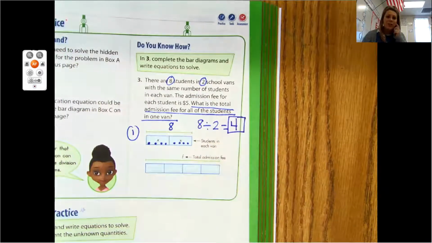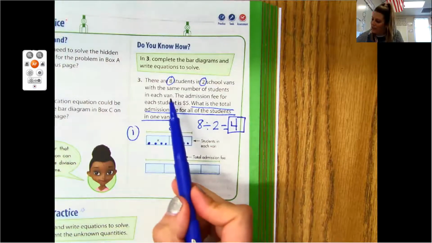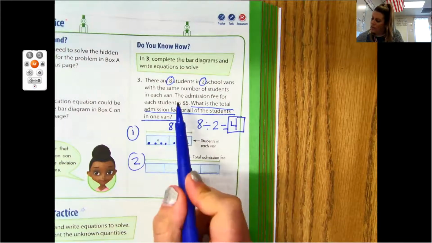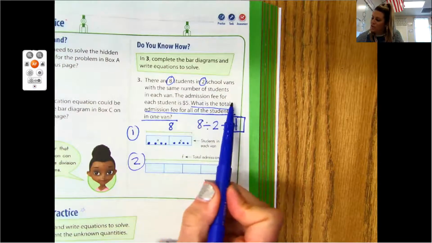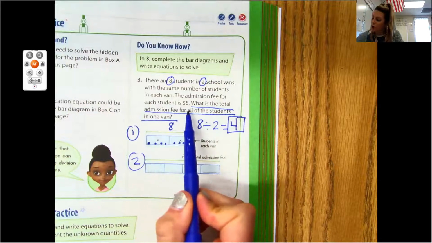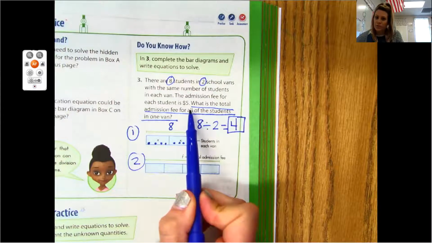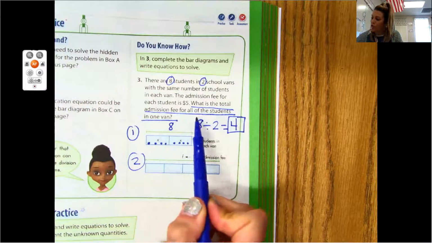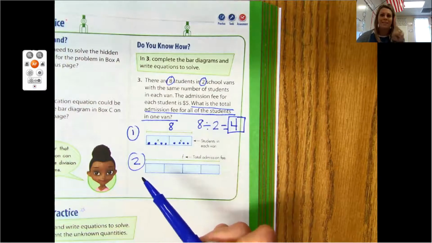Okay, so that's our first step. Now they're asking our second question. The admission fee for each student is $5. What is the total admission fee for all the students in one van?